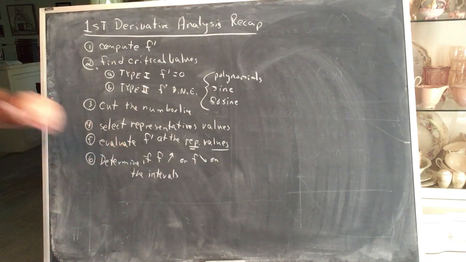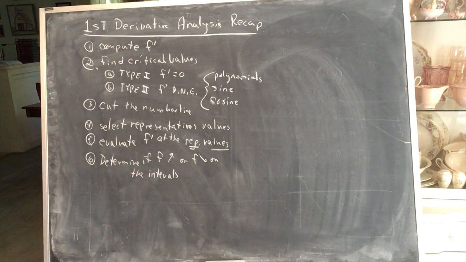If, for a particular subinterval, the first derivative is less than 0, if it's a negative number, then the function is decreasing on that interval. If the first derivative is greater than 0, if it's positive, then the function itself is increasing on that interval. If it's easier to actually compute the number, simply compute the number and determine whether that number is greater than 0 or less than 0. In some cases, it's easier to simply determine whether the value is positive or negative.